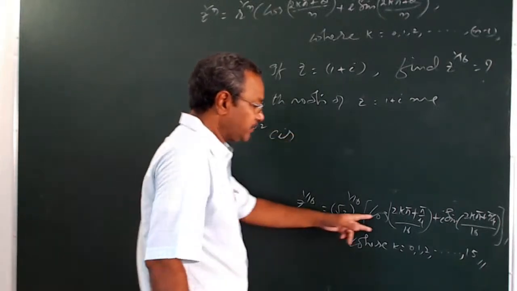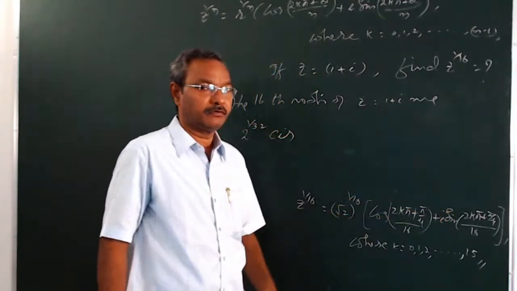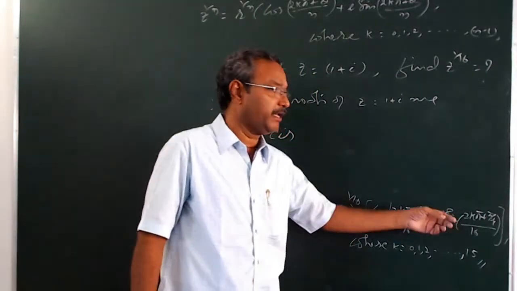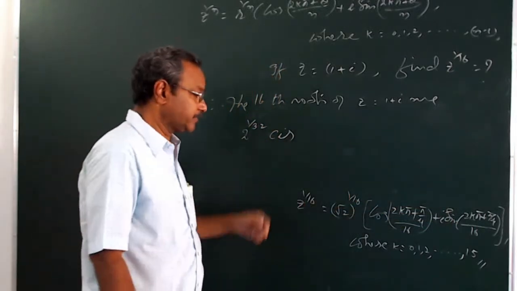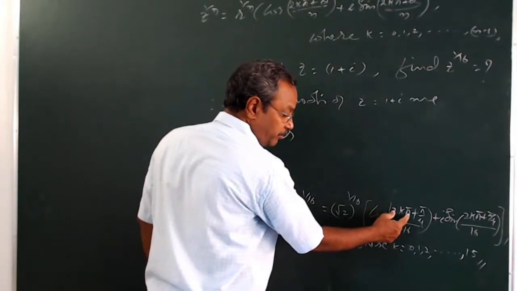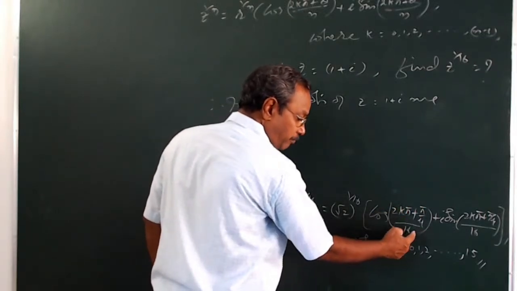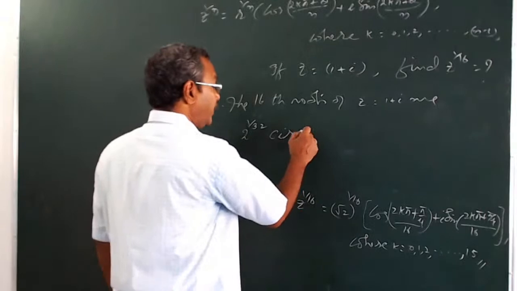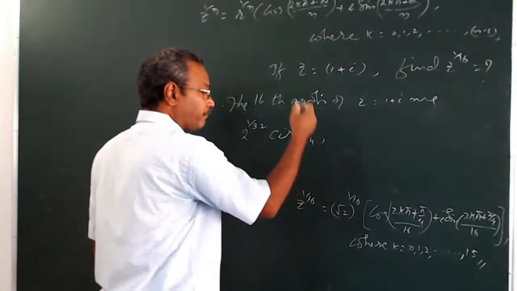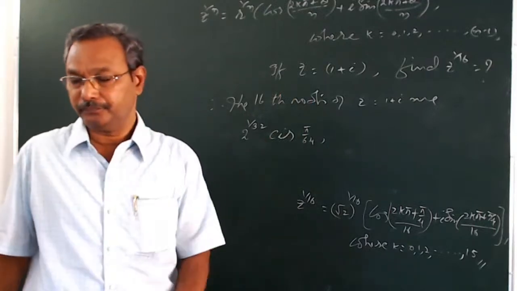I am writing this complex number in the short form: cos plus i sin is cis. So it is cis theta. What is theta here? For k equal to 0, this becomes 0, pi by 4 by 16. It is pi by 64. That's the first root.